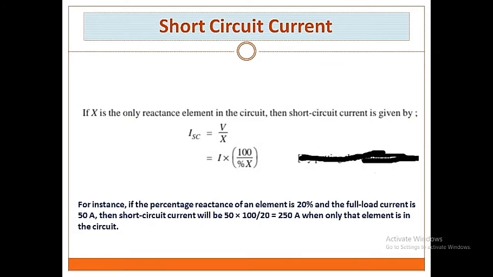It is obtained by multiplying the full load current by 100 by percentage reactance. Percentage reactance values remain unchanged as they are referred through transformers. So by using percentage reactance, we make the procedure simple and permit quick calculations.